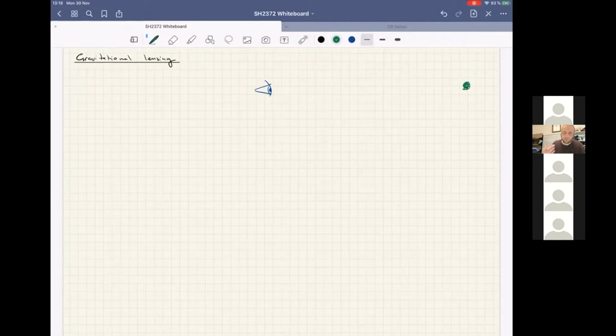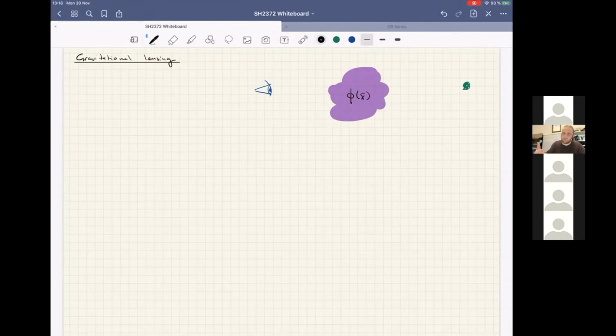And between the observer and the object, we have some distribution of matter. So this matter is going to give rise to some Newtonian, well, some gravitational potential here, phi of x. That's going to be in the background.